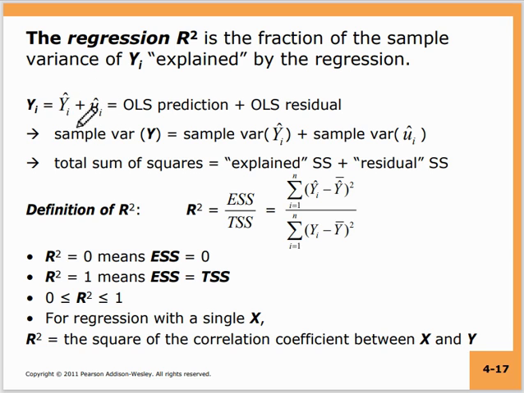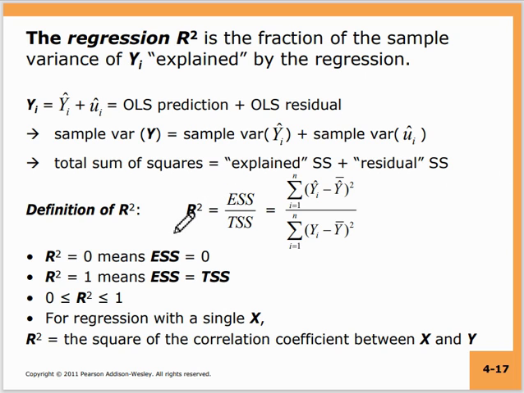Yi hat is the explained variation, that is the OLS prediction, plus the OLS residual. Whatever part of the variance was explained by your model is known as the explained sum of squares, and whatever part is left over is called the residual sum of squares. And these two things together are called the total sum of squares.